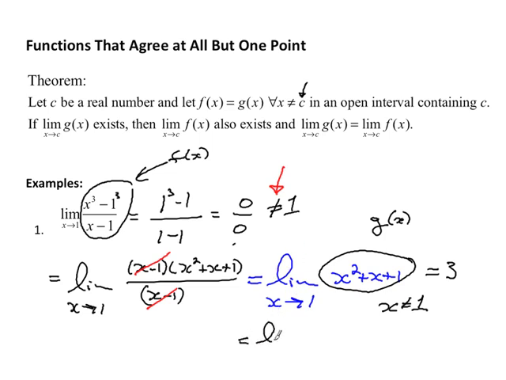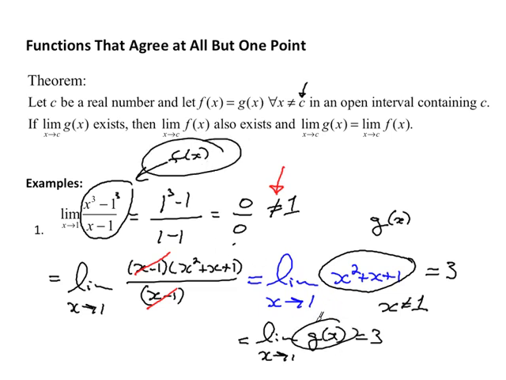This is equal to the limit as x approaches 1 of g of x, which is 3. Now, f of x is equal to g of x everywhere except at this one point where x equals 1. So what that means is the limit as x approaches 1 of g of x is equal to the limit as x approaches 1 of f of x. Even though I can't find f of x directly, I can find it through the limit of g of x as x approaches 1.